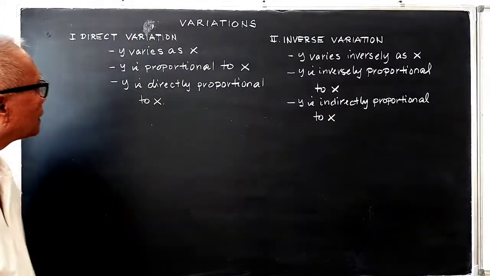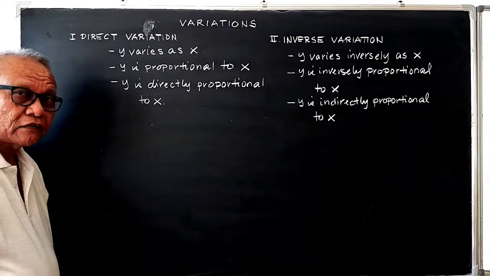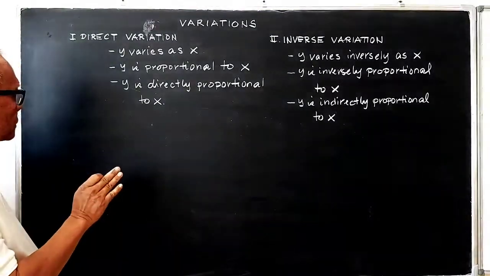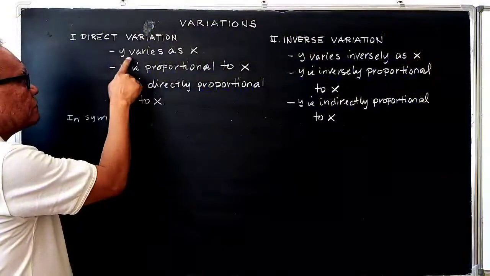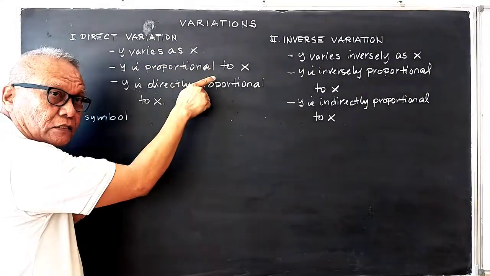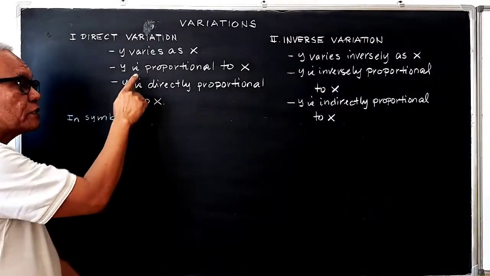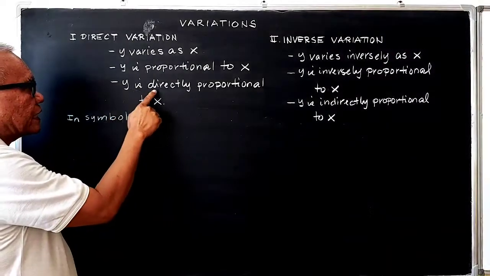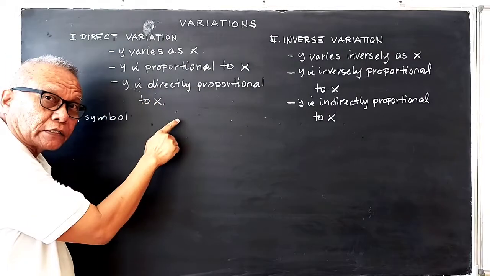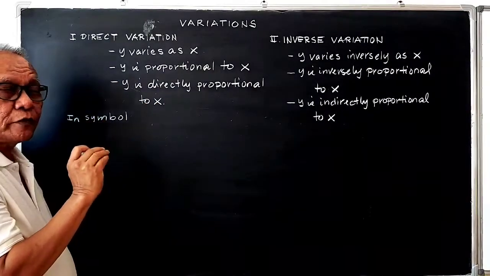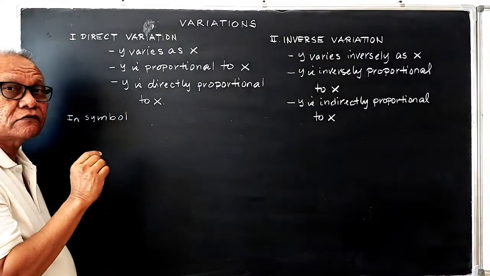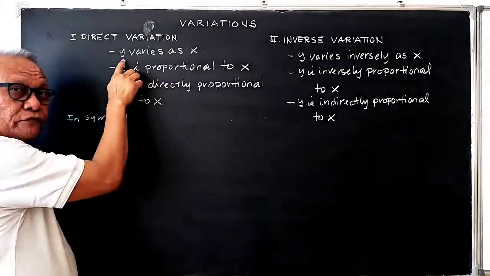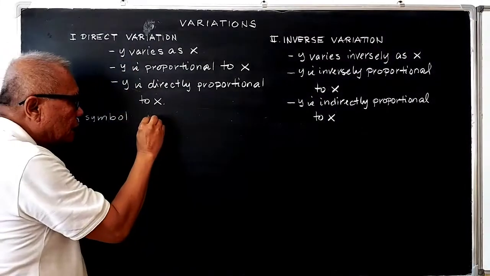Okay? So let's have this one, direct variation. So first, we will write this in symbol. So what is the symbol for this? Y varies as x, or y is proportional to x, or y is directly proportional to x. Okay. So there are so many ways of saying the direct variation. So in symbol, we write first the first letter here, which is y.